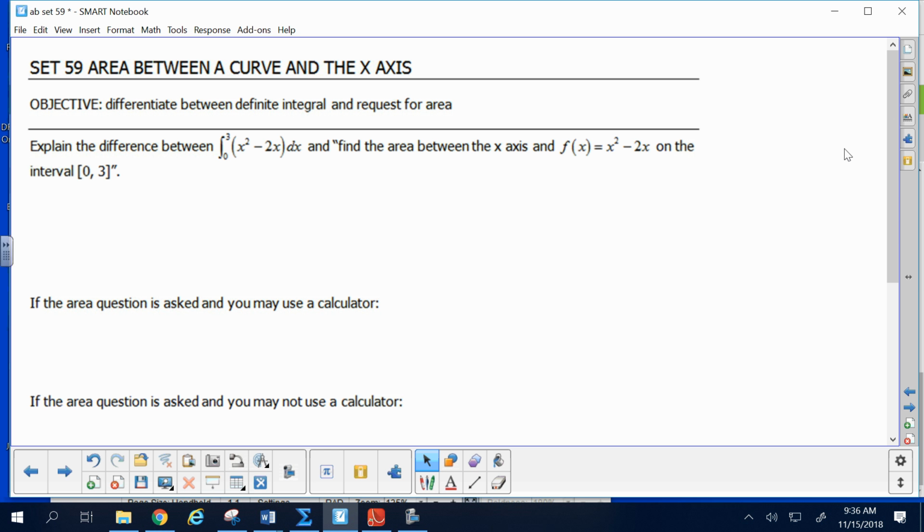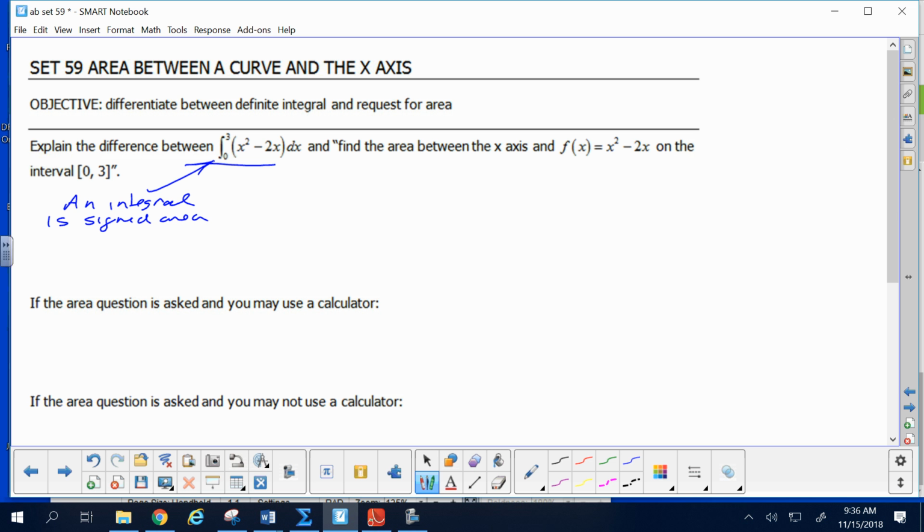An integral means area under the curve, and they're describing the words, area between the x-axis and x squared minus 2x. Now, an integral with no further stipulations is signed area, or if you like, net area.